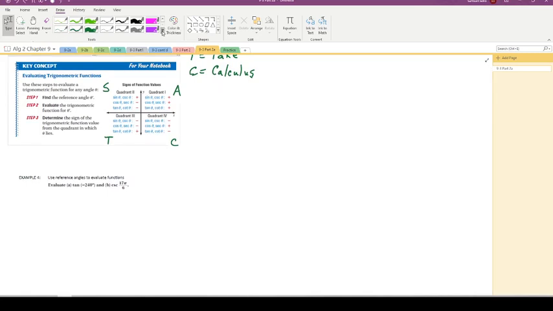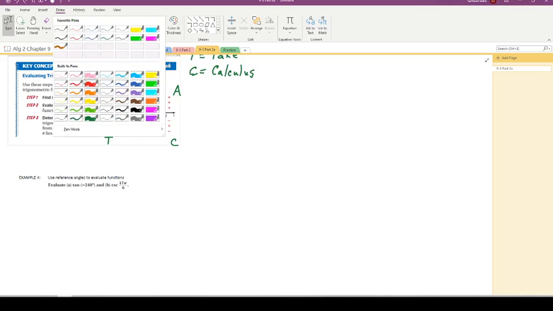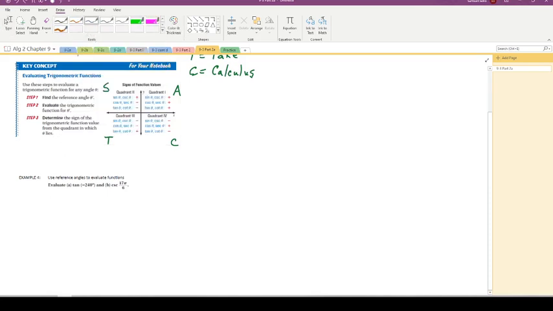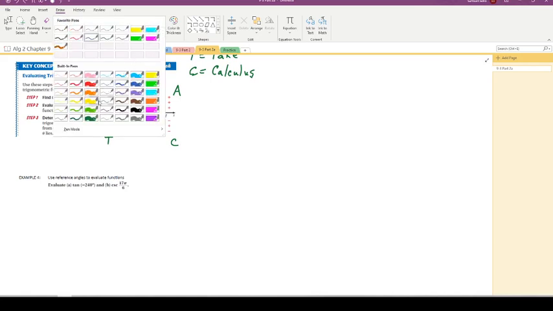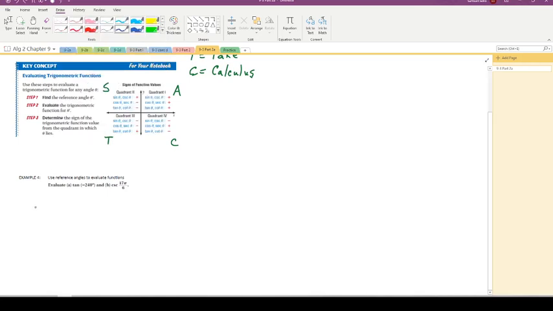So let's write that in another color. Let's take blue this time, and a little bit thicker blue so that you can actually see it better. So we're looking for the tangent of negative 240.